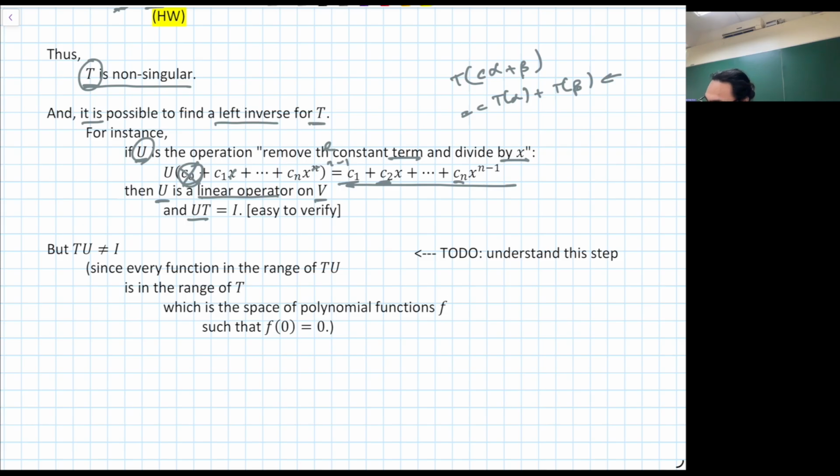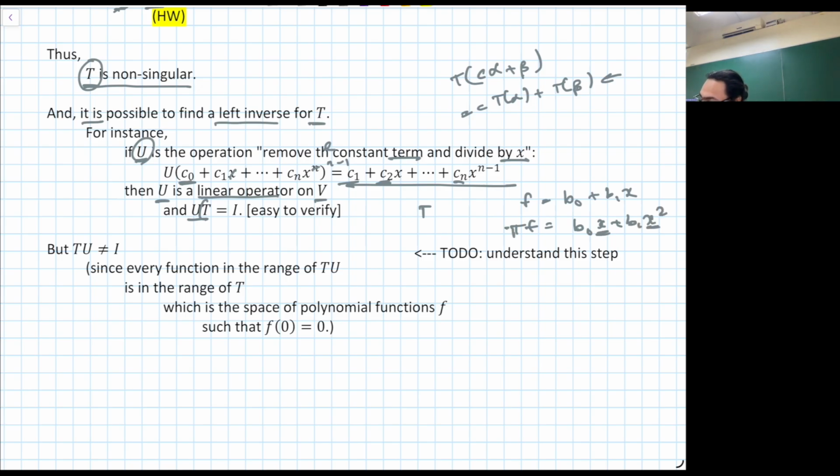So how you see this is basically because T is multiplying things with x. So this C0 component would never actually appear, right? Because if you start with some function, say b0 plus b1 x, and you apply T of f, you see that it always has x.